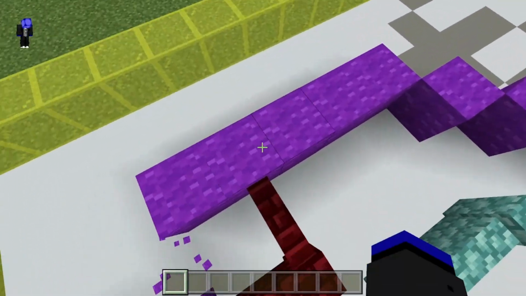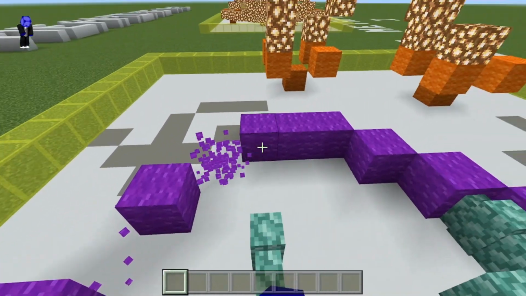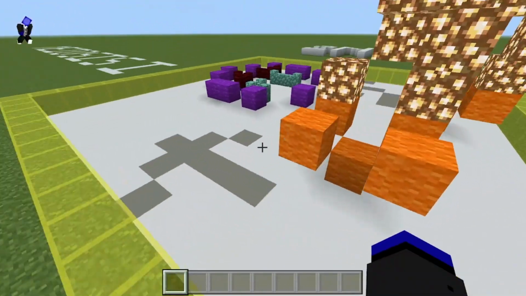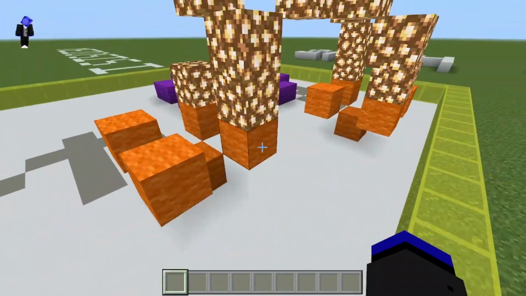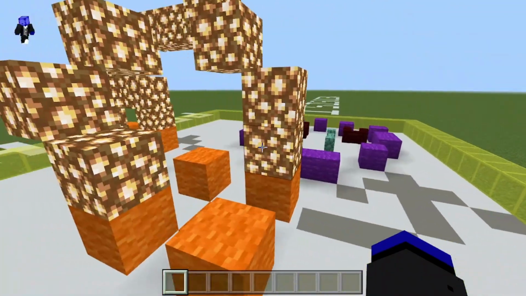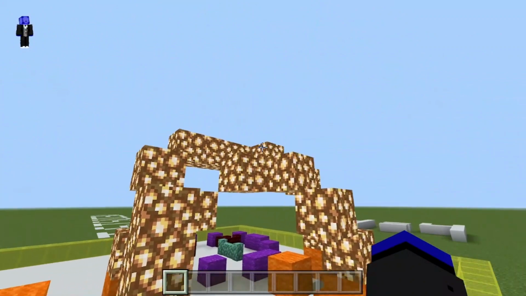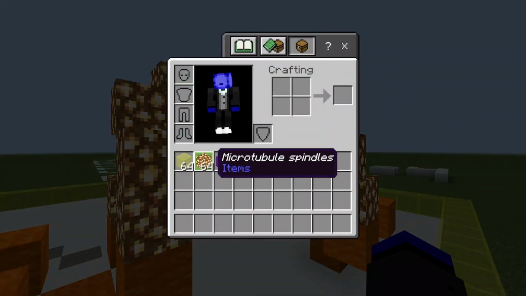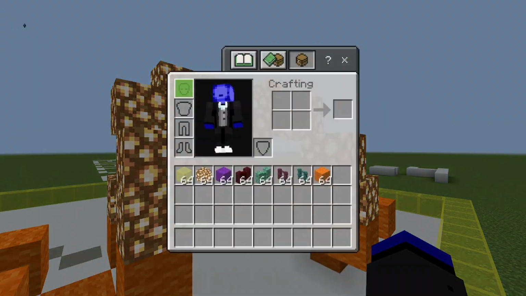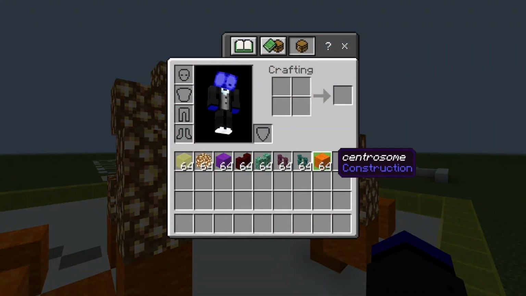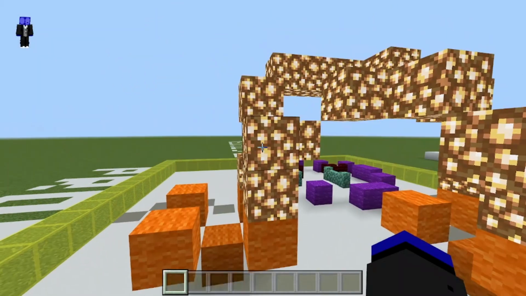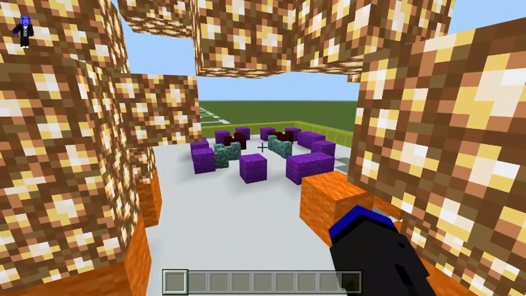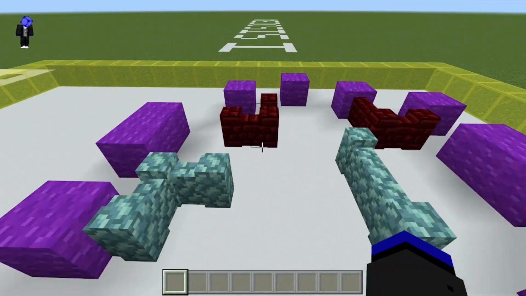And once it's all broken up, like so, these centrosomes are going to move to opposite poles, and these microtubule spindles, as shown in glowstone, and the orange wool are the centrosomes. But these microtubule spindles, they're going to form around these chromosomes shown here.